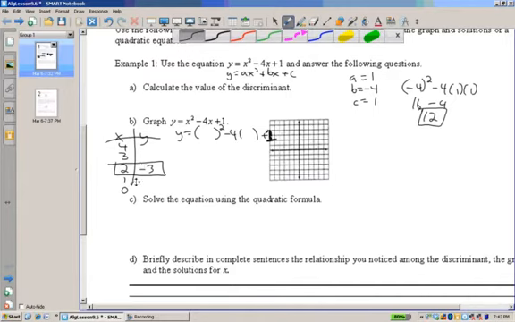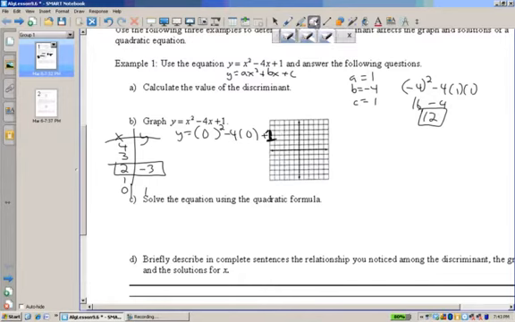Plug in, well, 0 is very easy to plug in. I love plugging in 0. So that's 0 minus 0 plus 1. So that's positive 1. Always love that. Very easy to work with. And 1 is pretty easy to work with too, so let's plug in 1. So 1 squared, that's going to be 1, minus 4 plus 1, that's negative 3 plus 1, or negative 2.